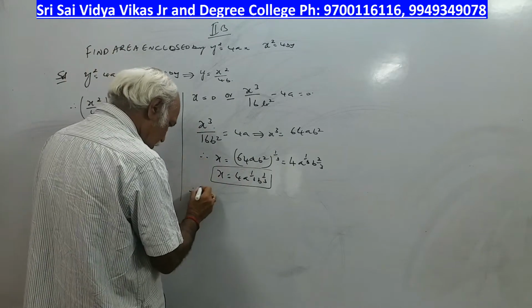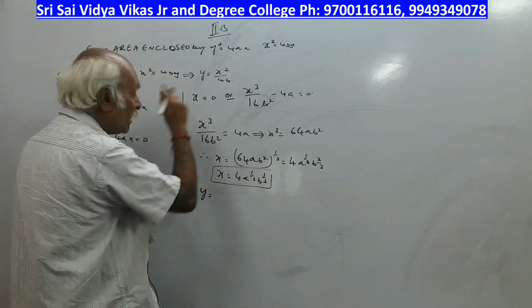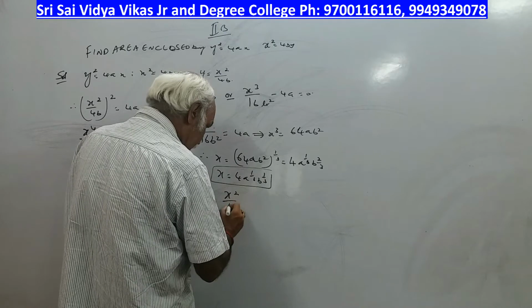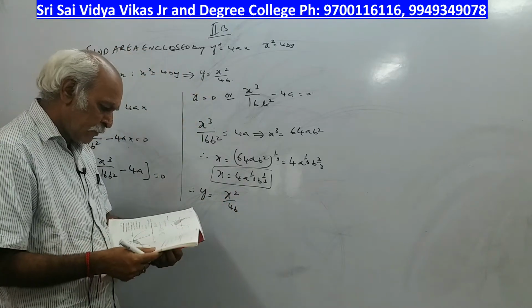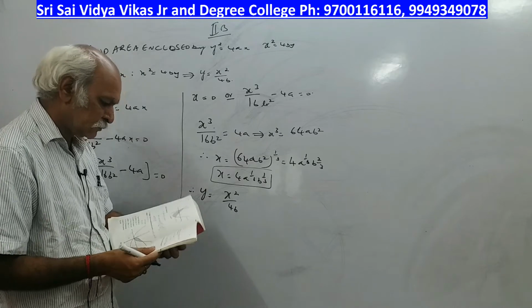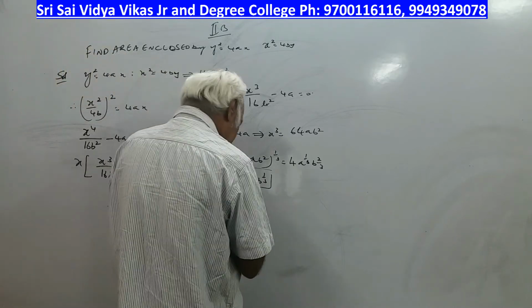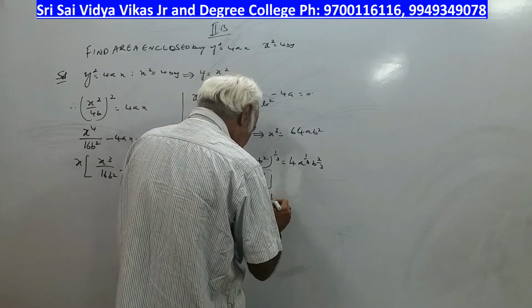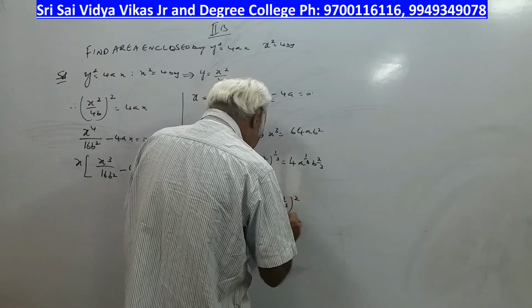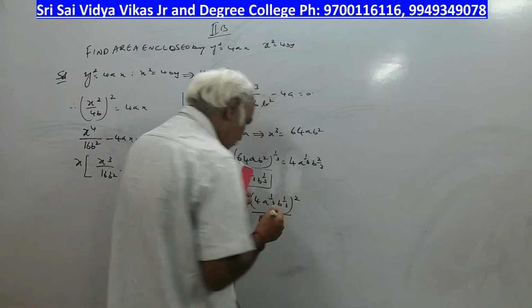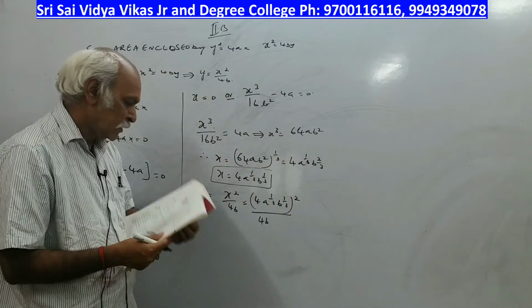Therefore, what is the y value? x square by 4b. So what is the x value? Whole square by 4b. Right?